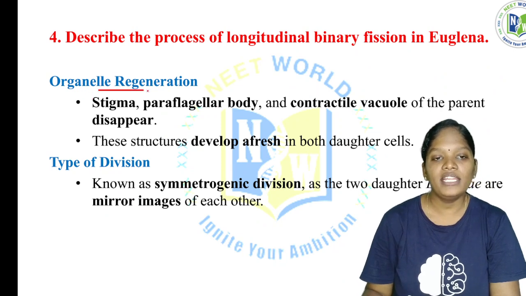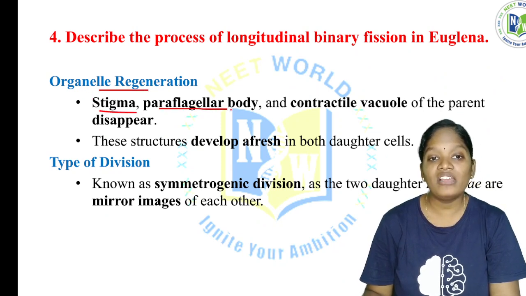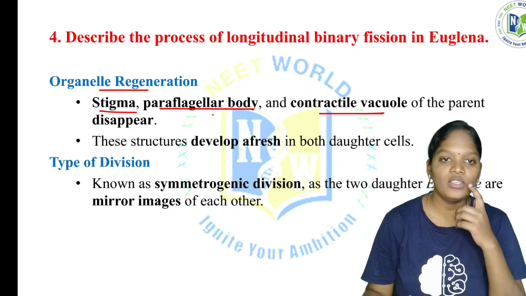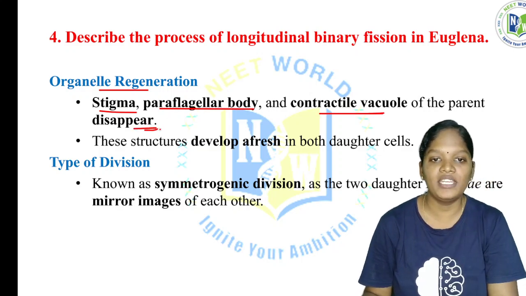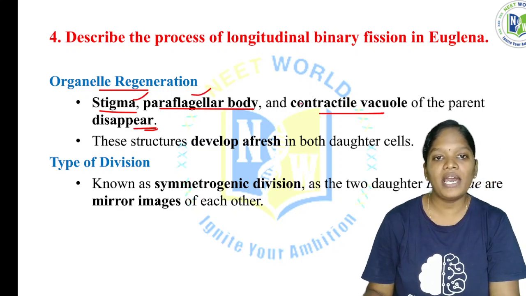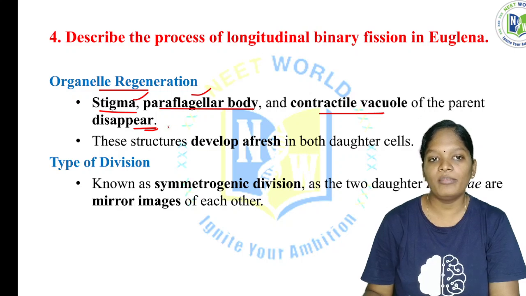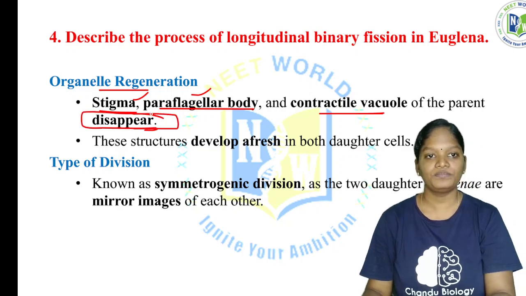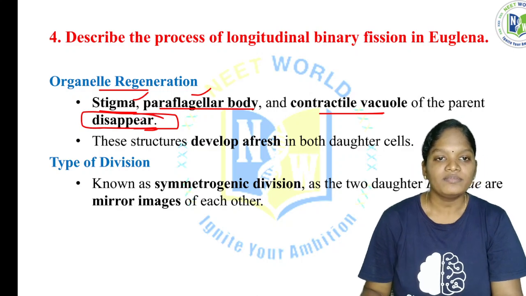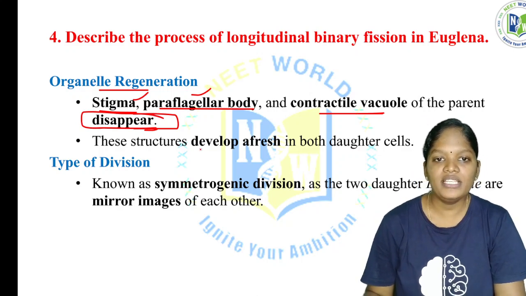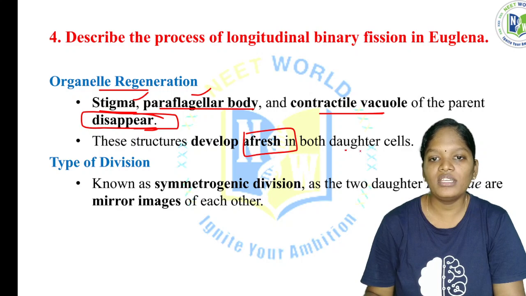Now, organelle regeneration: the stigma, paraflagellar body and contractile vacuole of the parent disappear. These structures develop afresh in both daughter cells.